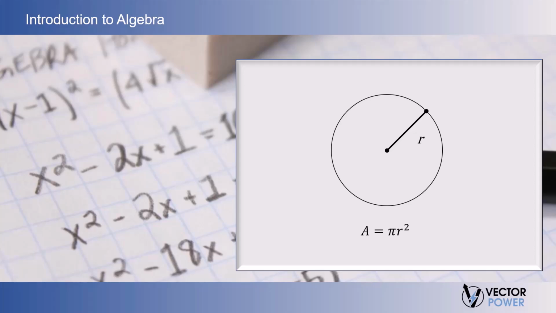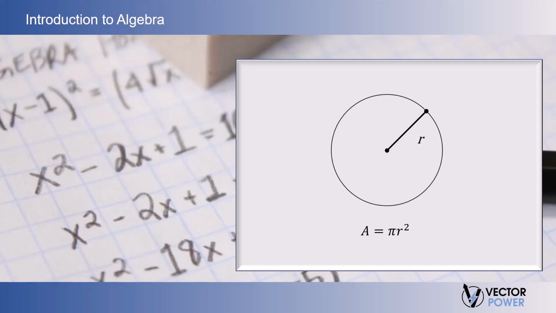Or they can represent constants, where the value does not change. For example, pi, the ratio circumference divided by diameter of a circle, is valued at 3.141592, and so on and so forth.